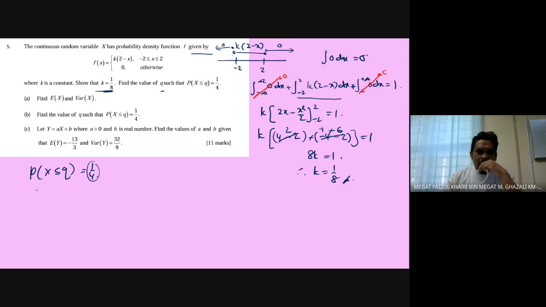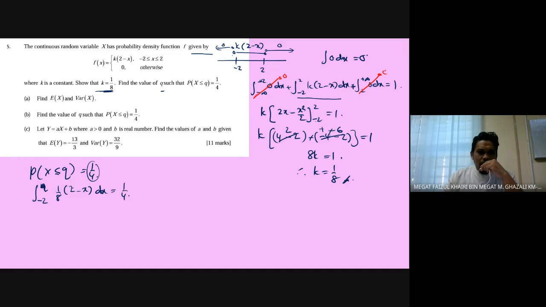So the integral from -2 until q of 1 over 8 times (2 minus x) dx equal to 1 over 4.